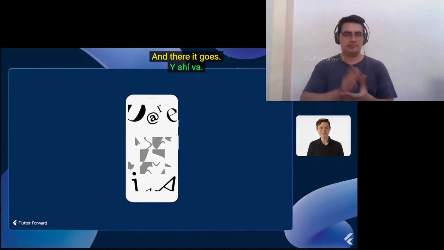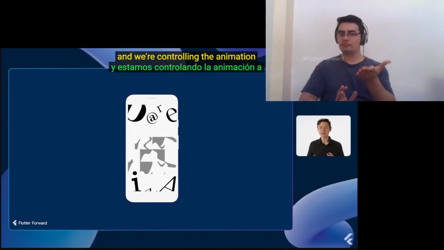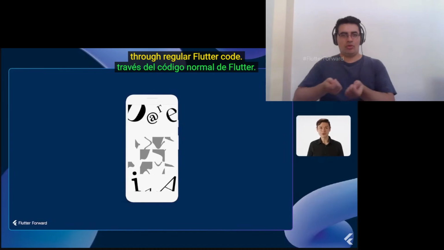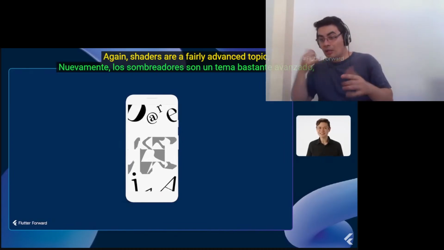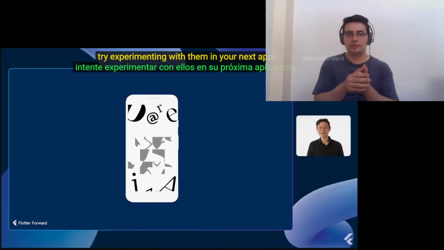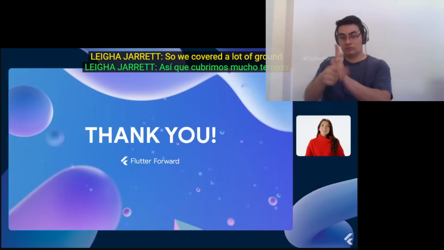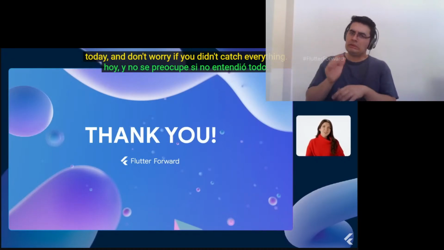And there it goes. The shader effect is now animating, and we're controlling the animation through regular Flutter code. Again, shaders are a fairly advanced topic, but if you're up for a challenge, try experimenting with them in your next app.